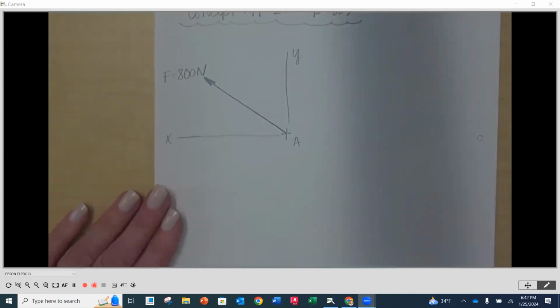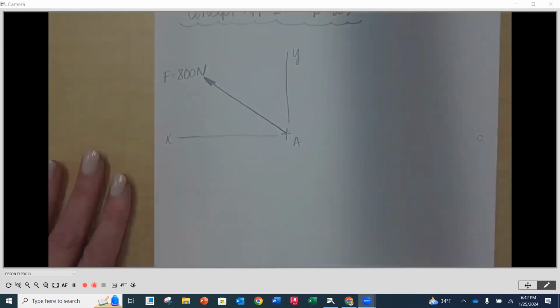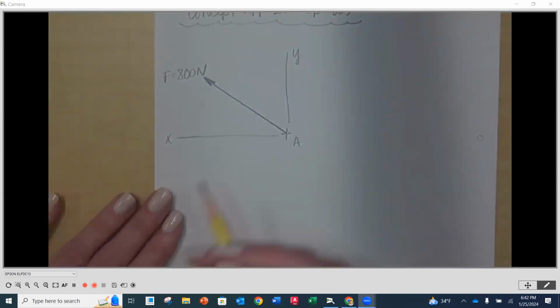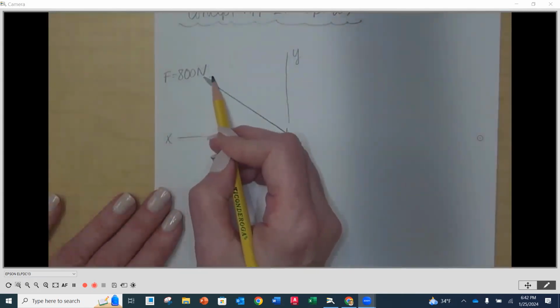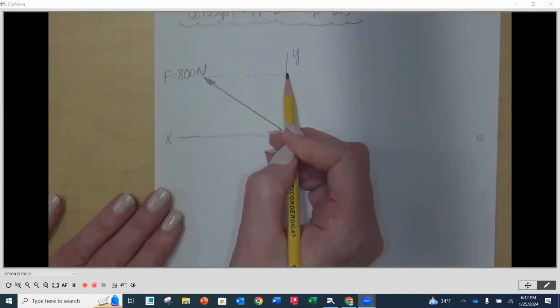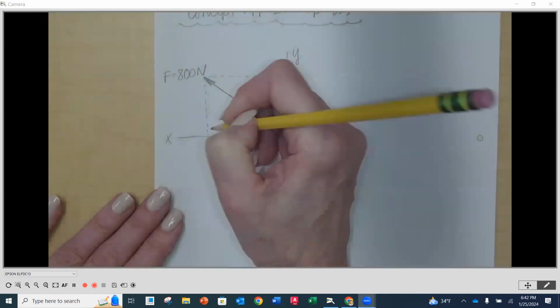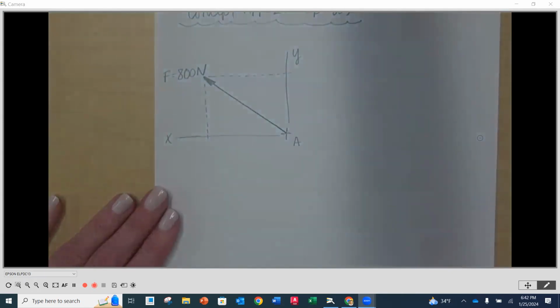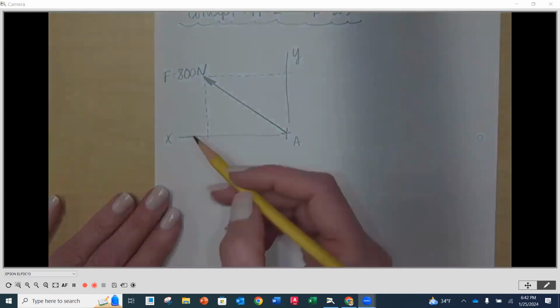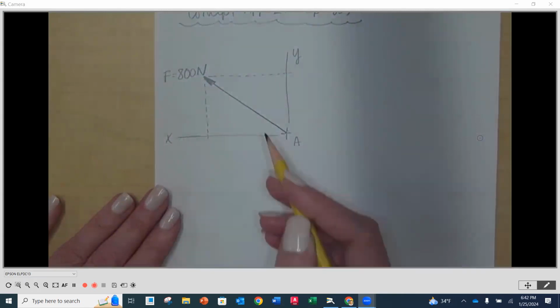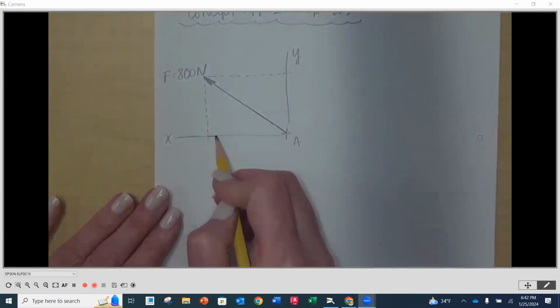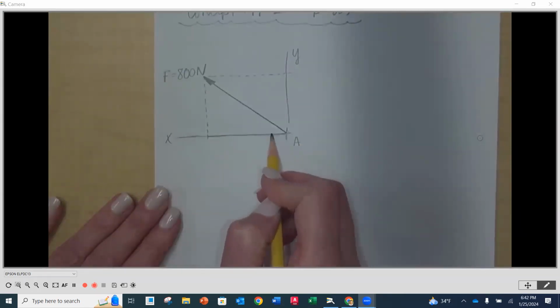Okay. And we want to find the X and Y axes here. So to do that, we're going to draw through the endpoint a construction line. I always show it dotted, and a construction line, you could show it kind of light, lighter compared to everything else. And now where it crosses over the X and Y axis, we're going to draw this in thicker, okay?